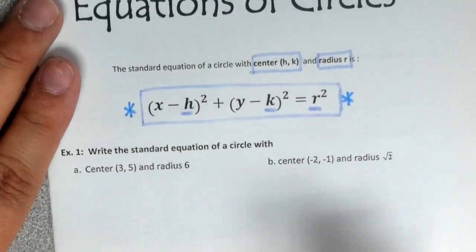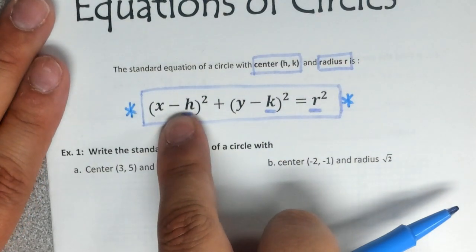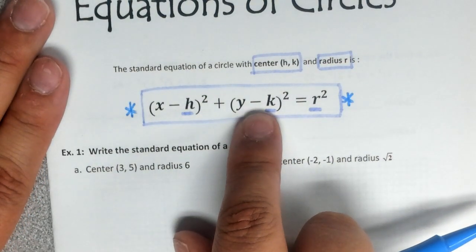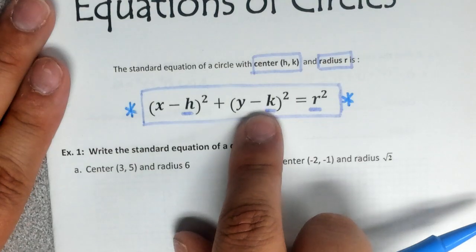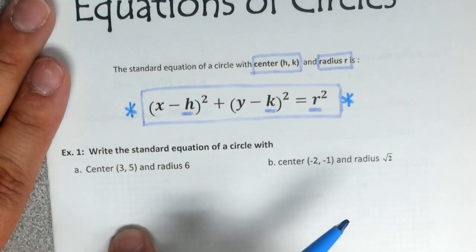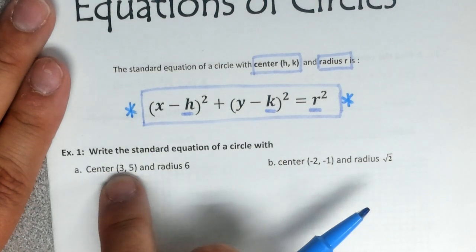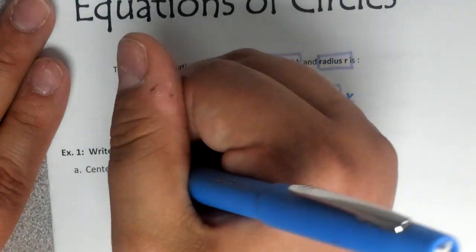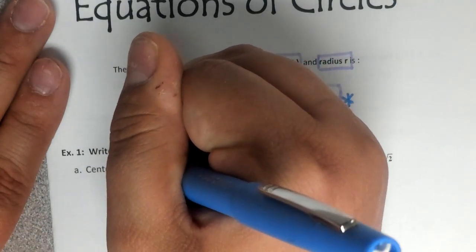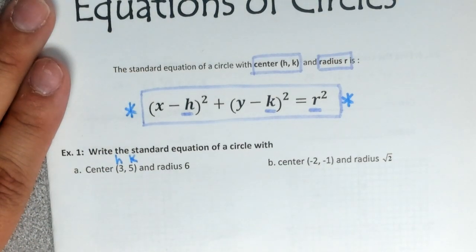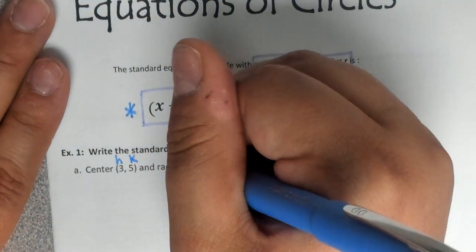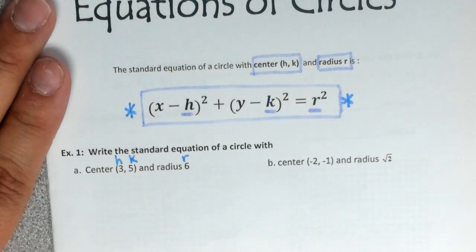So, I also want you to notice, do you see how it has minus h and minus k? You are always going to plug in the opposite number. So for this one, my center is 3, 5. My h is 3, my k is 5. And my r is 6, because that's the radius. Do y'all agree?